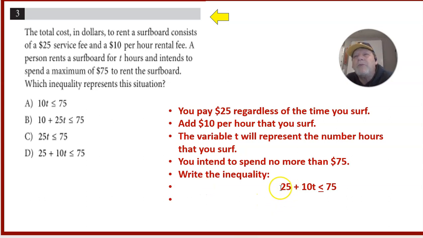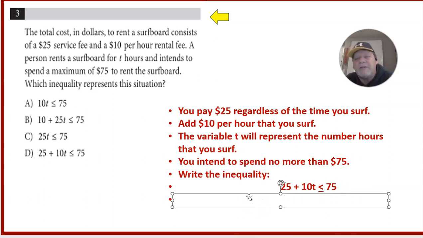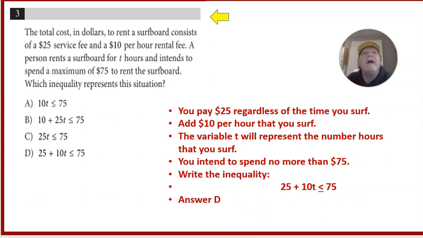So it's going to be your 25 plus your 10 times T, that's your per hourly, is less than or equal to 75 because you cannot spend any more than that, which is answer D. And most of you were able to get that one easily too. So the first three were easy like I said they would be easy.